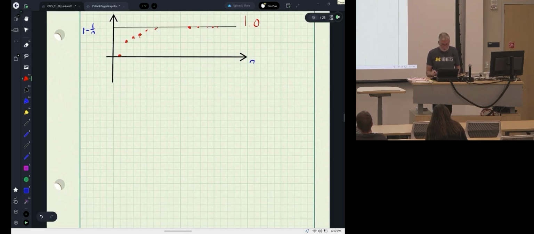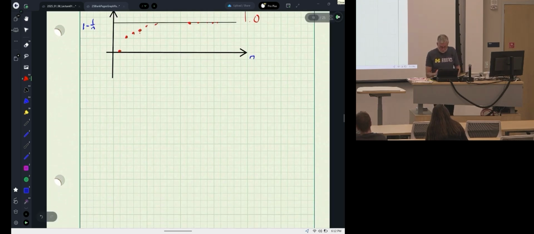Okay, so we can see that 1 minus 1 over n approaches 1 as n becomes large.